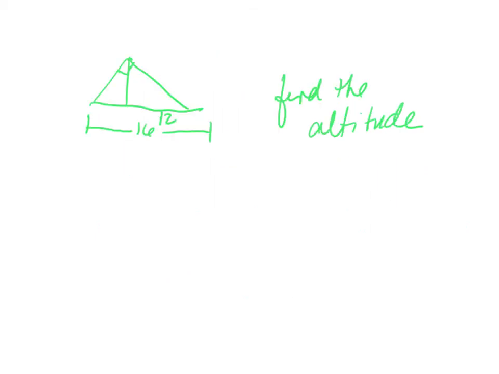Okay? So they want us to find the altitude, and it's not really marked, but we're going to put a little x here because that is the altitude. It's the guy going through the big triangle. So the altitude is the geometric mean between the 2 segments it creates. Well, if this guy is 12 and the whole thing is 16, this little piece here is 4.